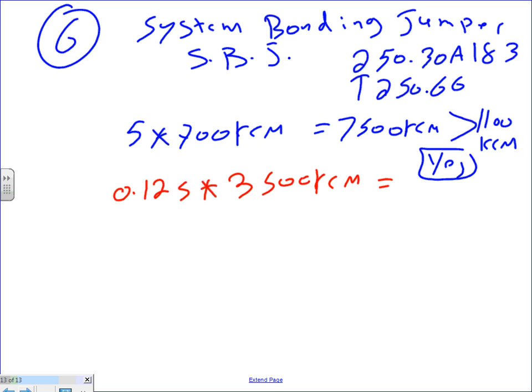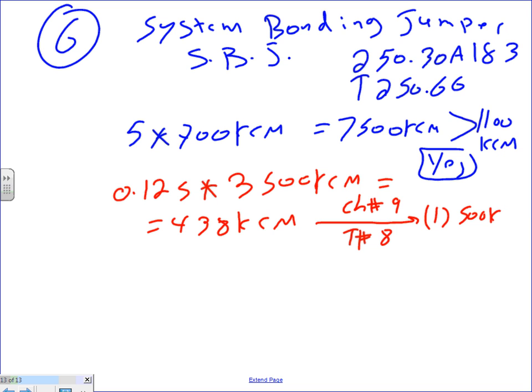It's 3,500 kcmil. So we multiply by 0.125 and you're going to end up with 438 kcmil. Make sure you take this to Chapter 9, Table 8, and that will translate you into the next standard, which is one conductor 500 kcmil, copper, bare or insulated. Table 8 will get you that.